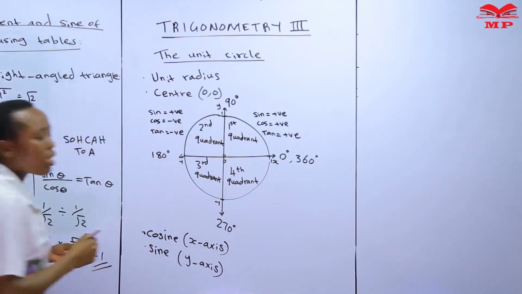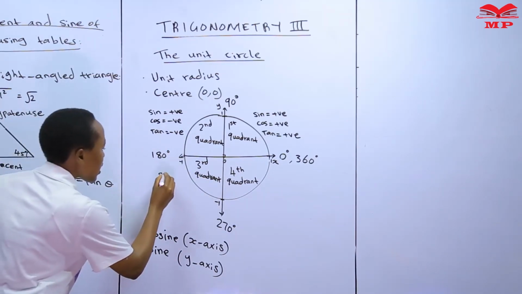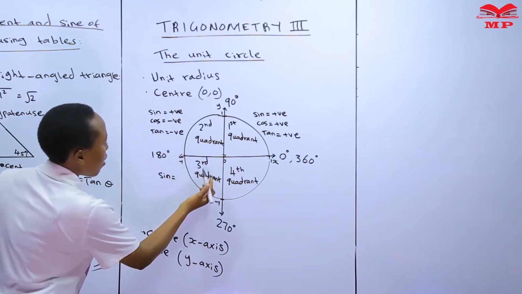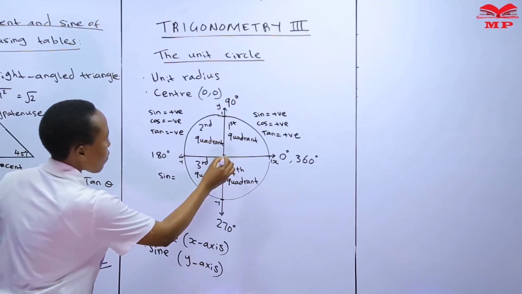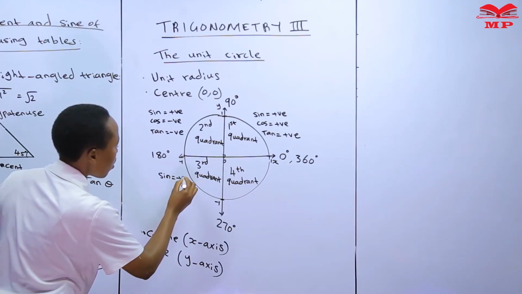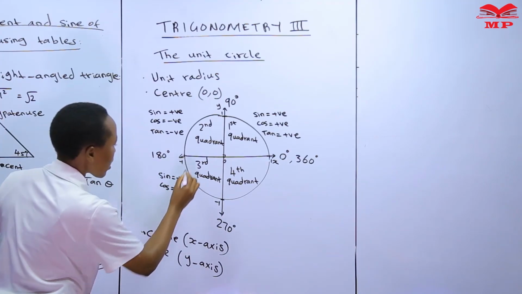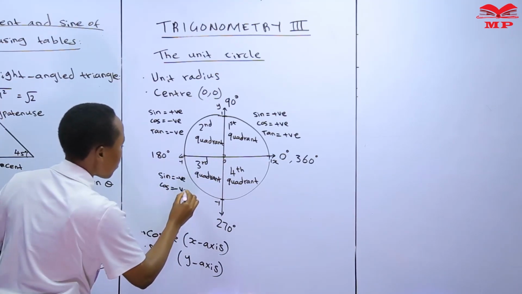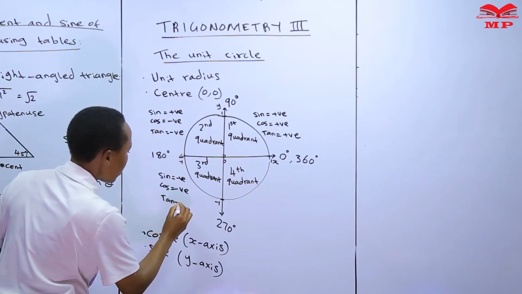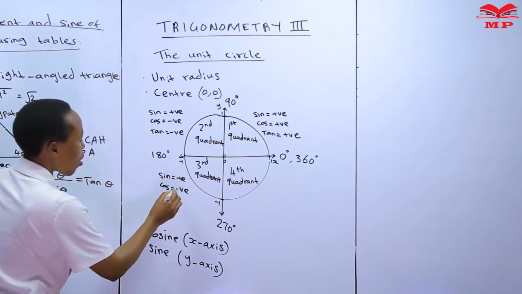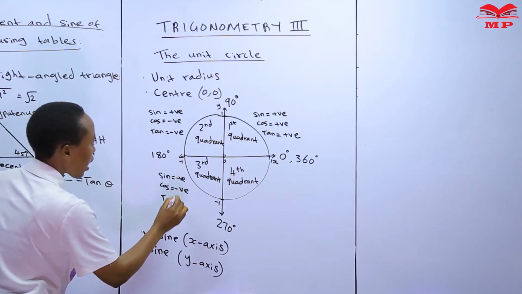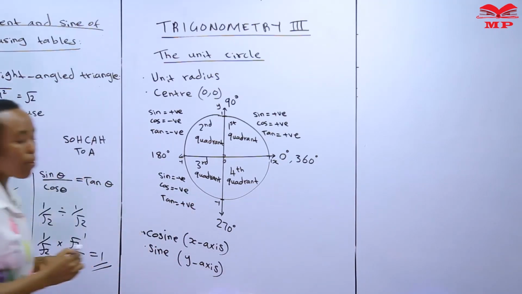In the third quadrant, we have now the sine here. On the y-axis, we have it as negative. Cosine, on the x-axis, we have it negative. And therefore, the tangent, which is sine over cos, will be negative over negative, which is positive.